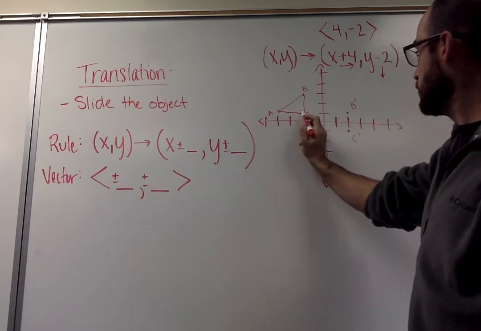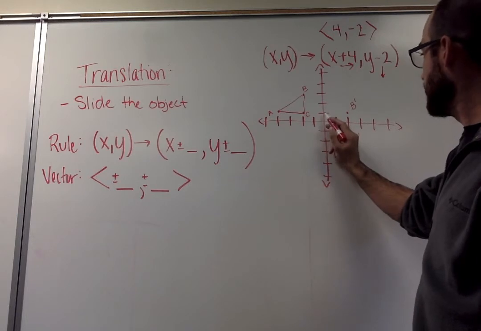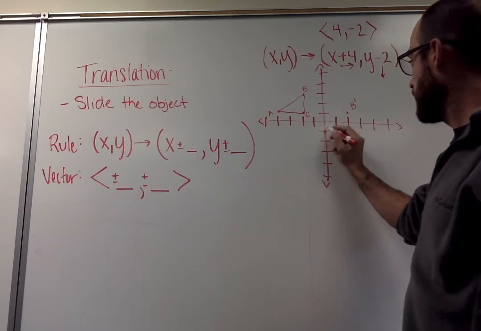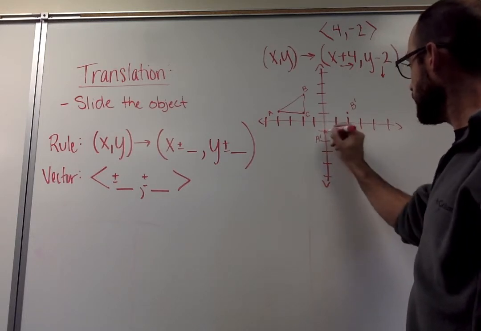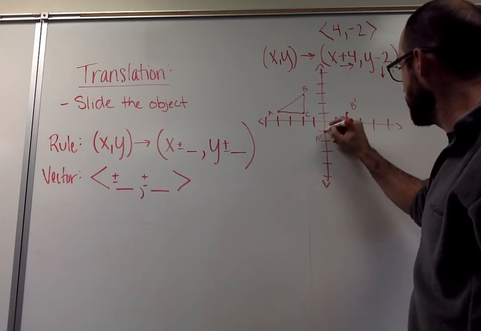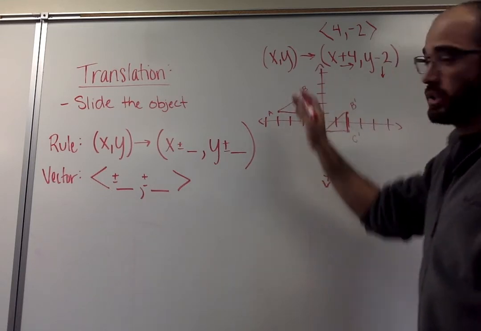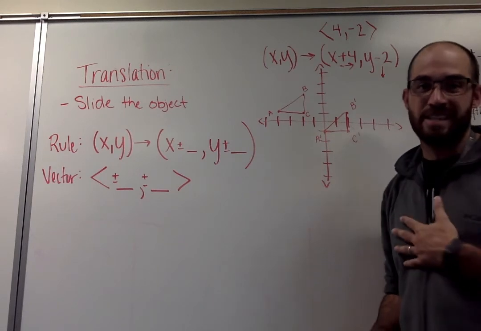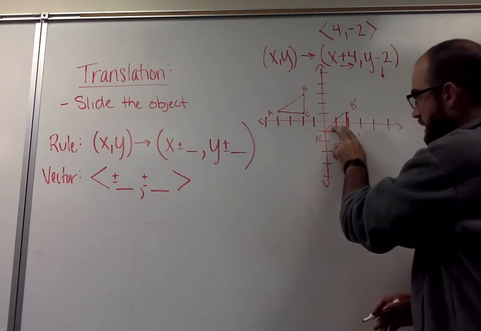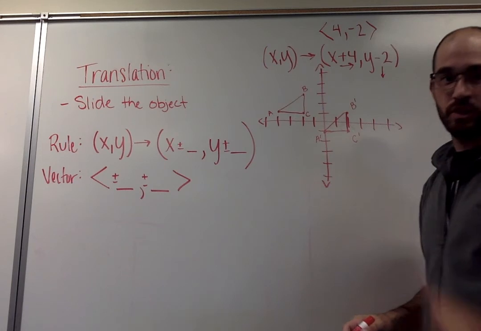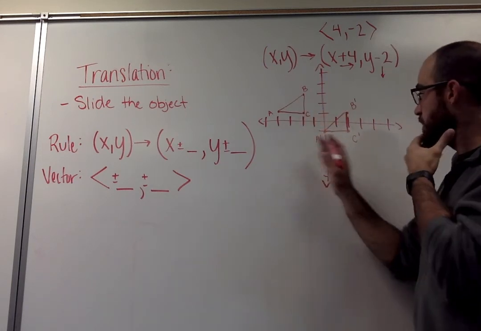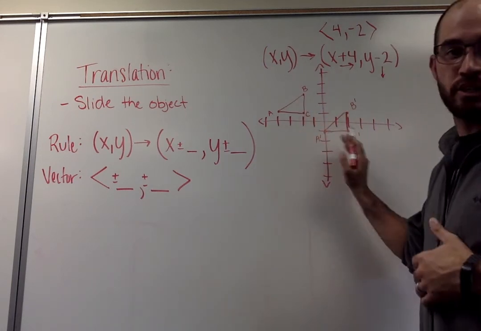A: 1, 2, 3, 4, and then down 1, 2. So there's my A prime. I'll draw my final picture. My graph is not perfectly the exact same, but it should look like the exact same size and shape of our other picture, just slid over. And this would be an example of our finishing touch.